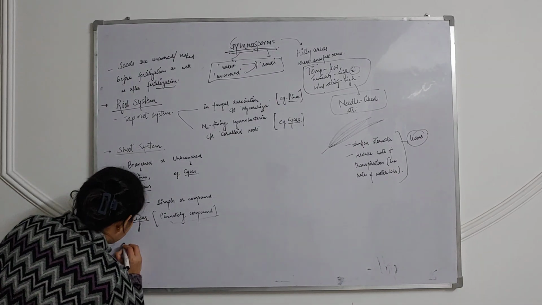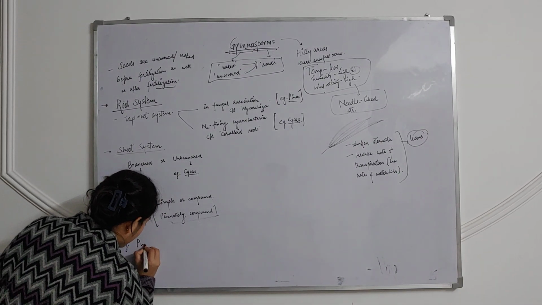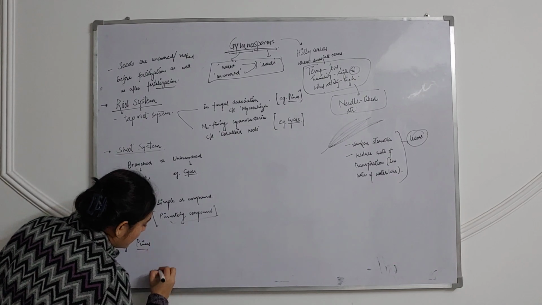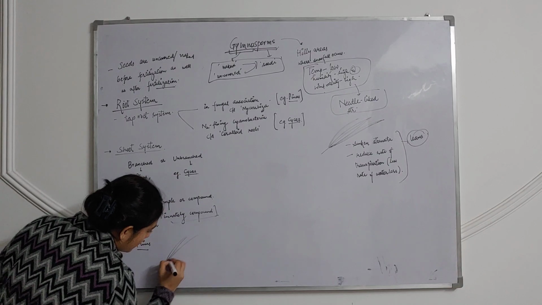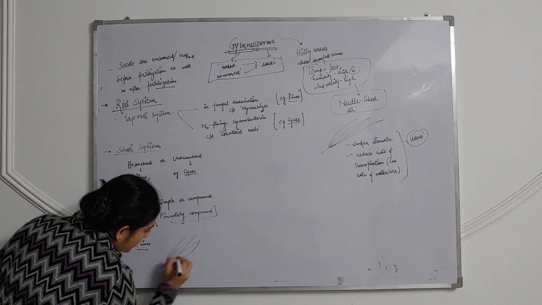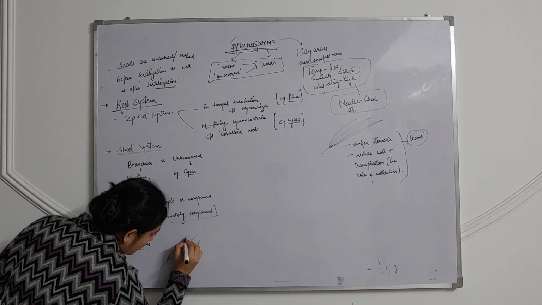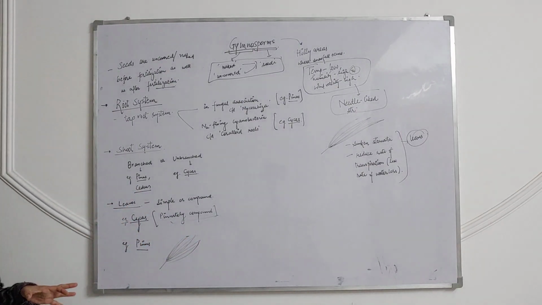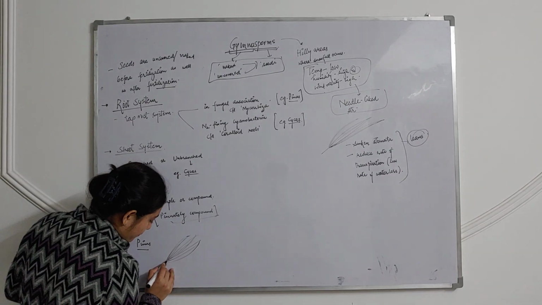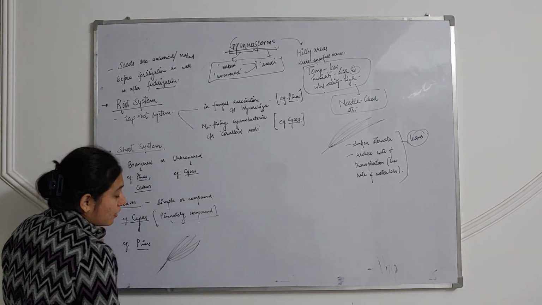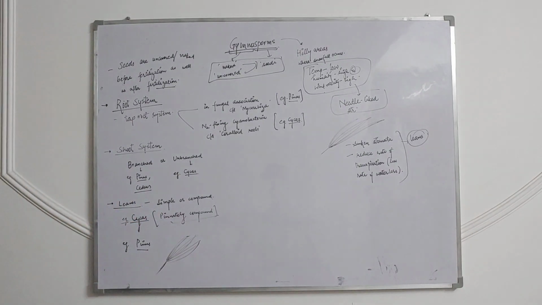In Pinus, it is seen in triplet form, which means a single leaf follicle contains three leaves in this manner. I hope this is clear to you.